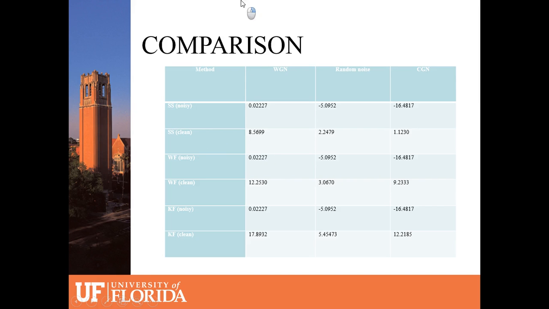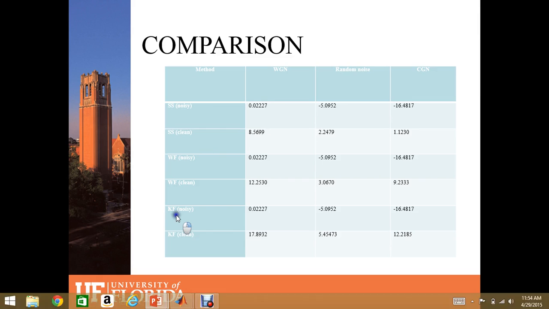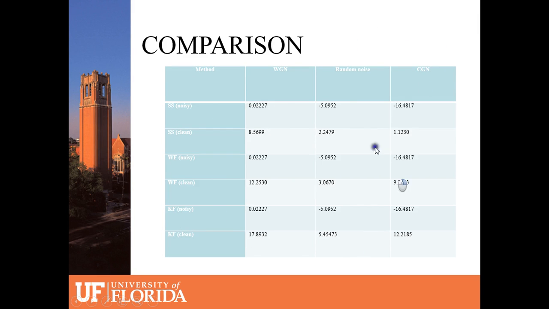So you can see that this is the SNR for both the noisy signal and the speech signal for all the three cases, spectral subtraction, Wiener filter, and Kalman filter. All these measurements are done in dB. As you can see, the SNR for the Kalman filter model after cleaning the signal is the highest.